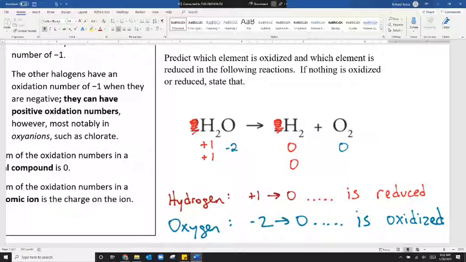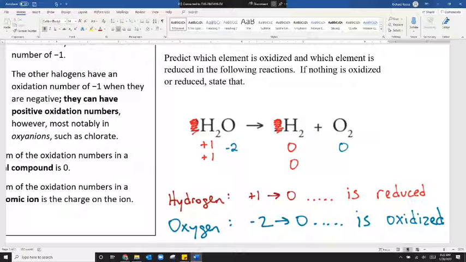And then reduction is gain of electrons. Thing that gets reduced, oxidation is loss of electrons, reduction is gain of electrons.